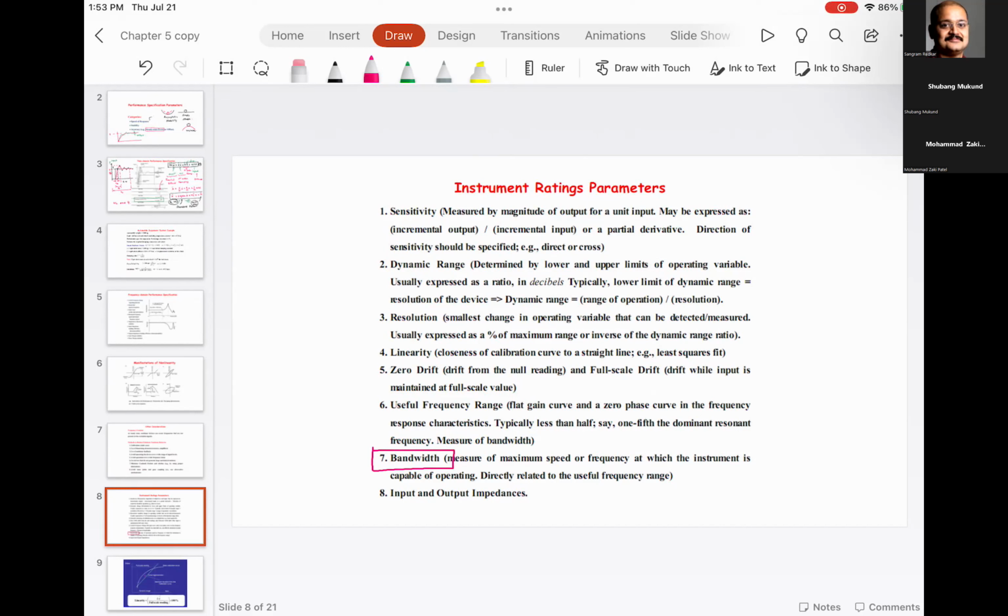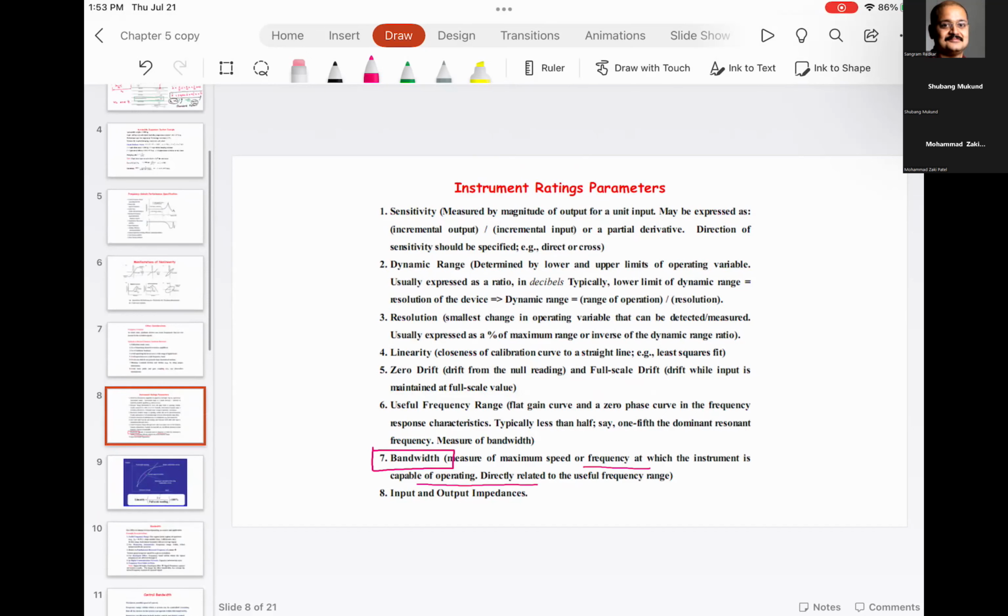A mechanical engineer who has designed suspensions will say my system works from this minimum frequency to this maximum frequency, but I don't know about the response in between. If you ask a very busy person, do you have bandwidth for this job, he will say, no, I'm completely booked. So bandwidth is typically the speed or frequency at which the instrument can operate successfully.